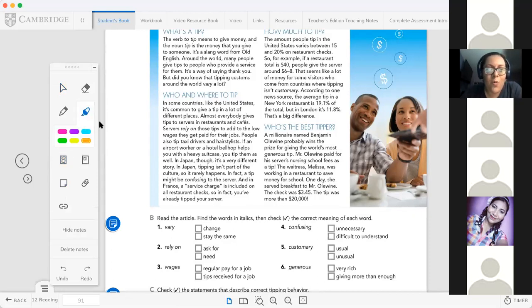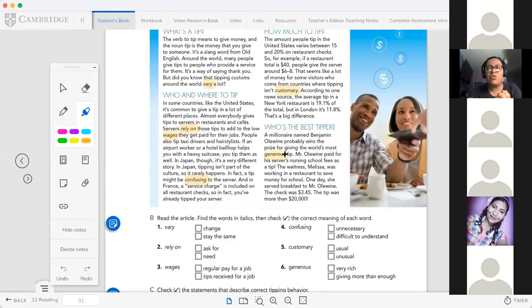Se me hace que andan acomodando su cuarto o algo, ¿verdad? Concéntrense tantito aquí, hacemos bien esta actividad y nos vamos, ¿ok? Very. Okay. Rely on, wages, confusing, customary, and generous.